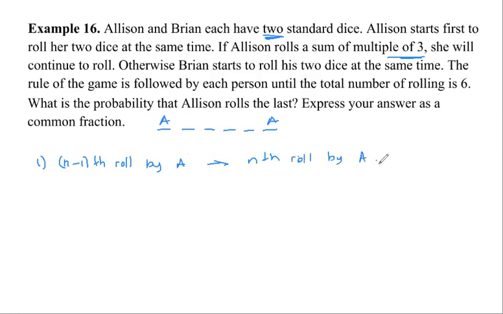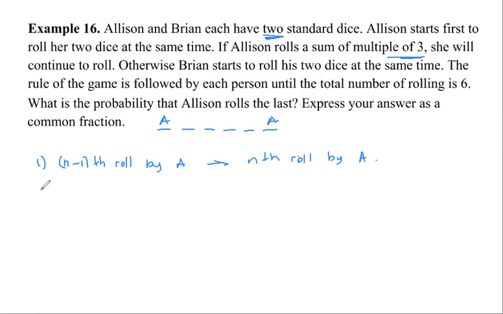Is this clear so far? If the previous roll was done by Allison, which is a multiple of 3, then the next roll should be done by Allison as well. That is one case, and that will complete everything done by Allison.